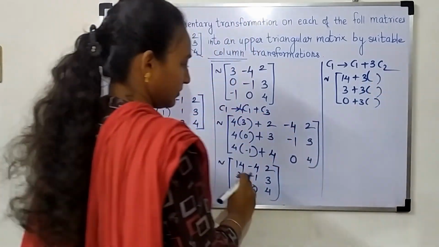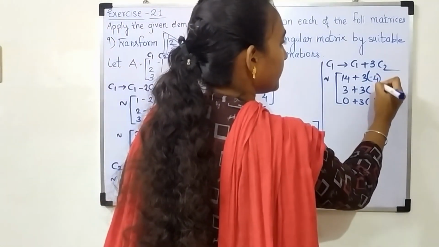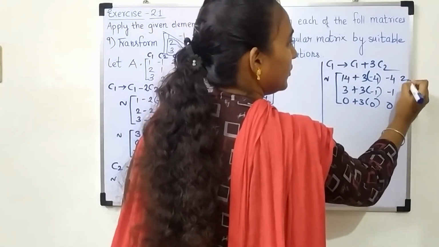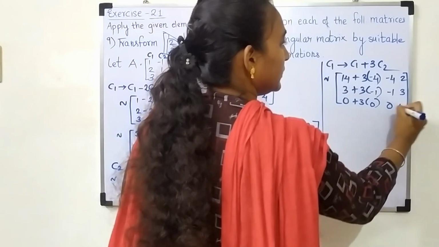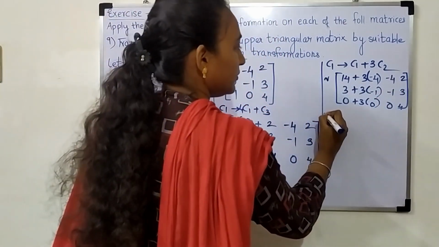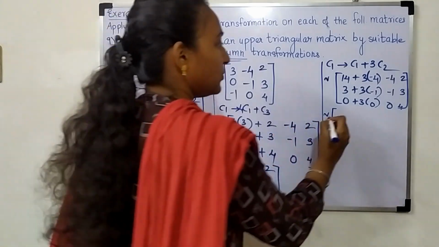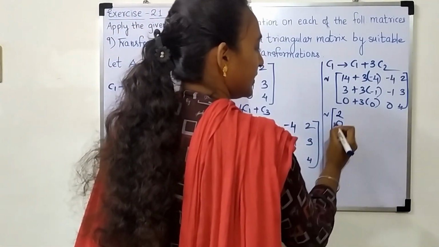Copy C2: minus 4, minus 1, 0. Now write here column number 2 and column number 3. Let us simplify this. This is 14 minus 12, which is 2. 3 minus 3 is 0.